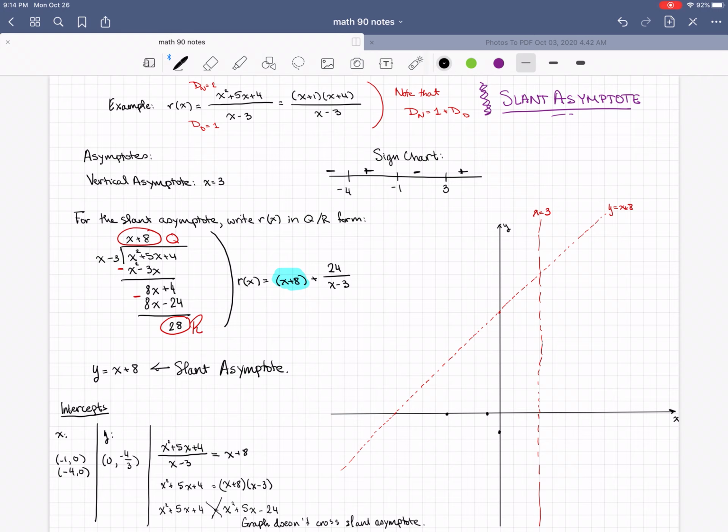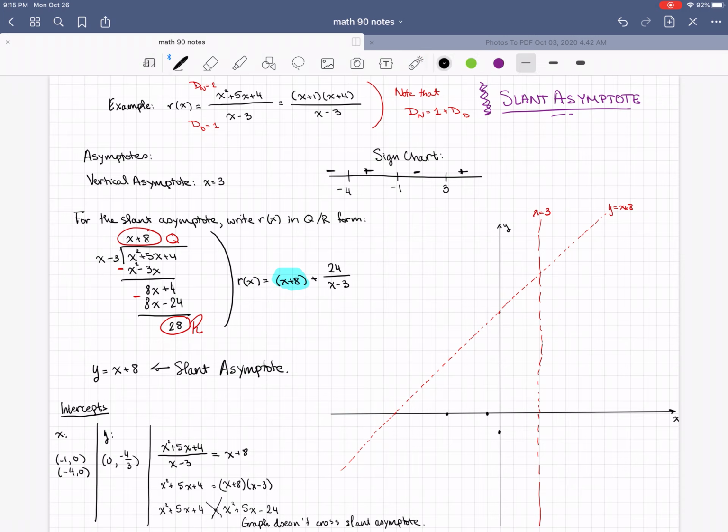And now off we go. So to the left of -4, that's here, right? The graph is entirely below the x-axis because the function is negative. But also don't forget, you have this slant asymptote to obey.